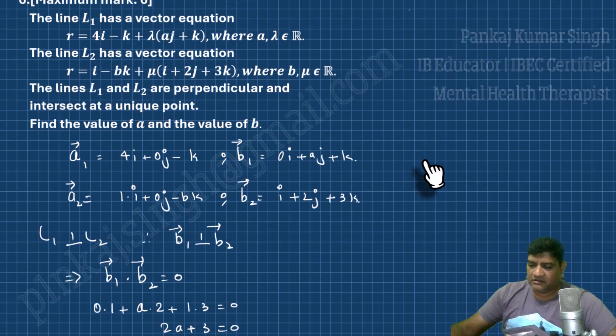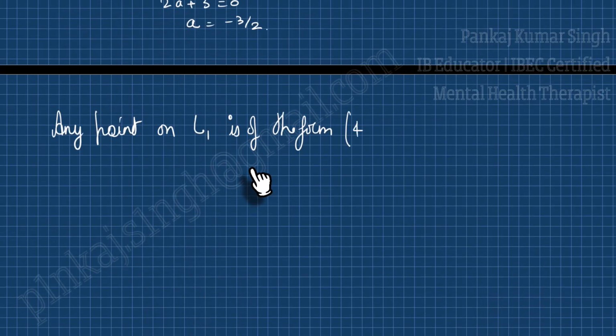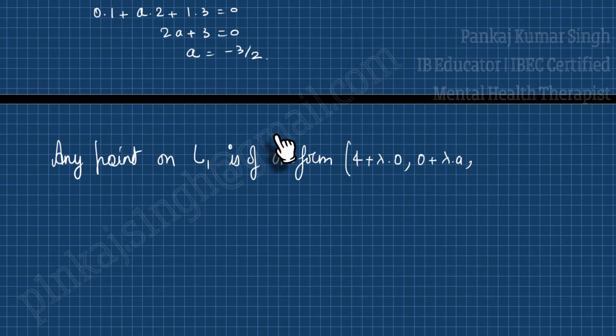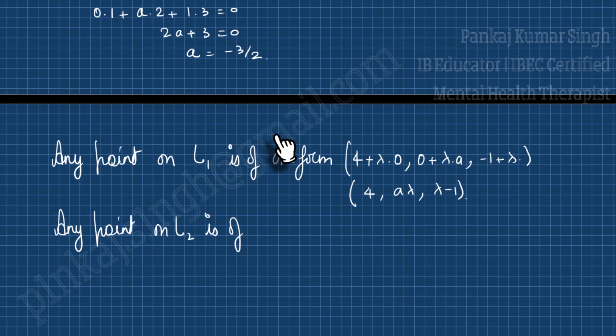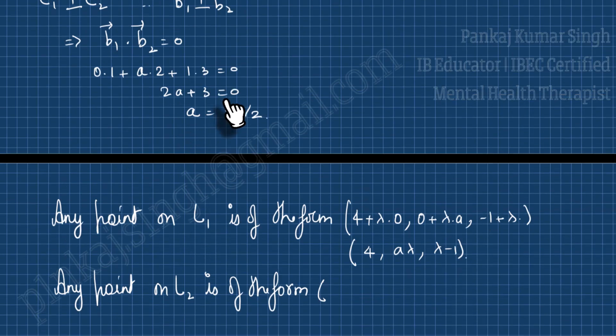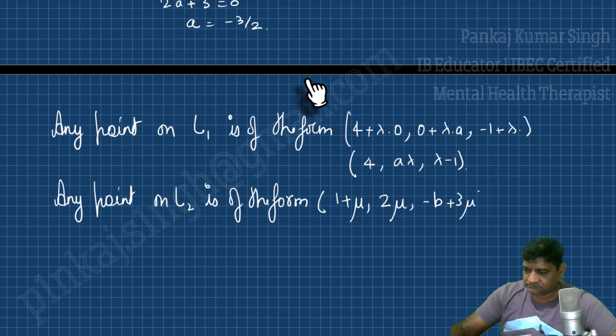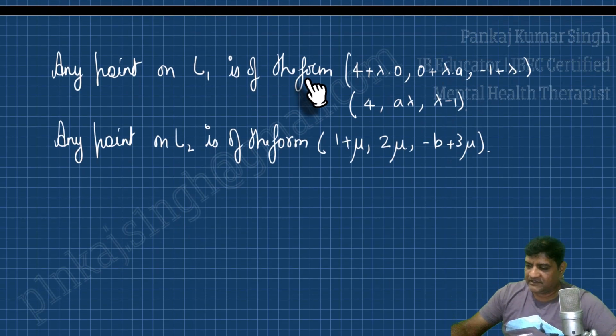Now let me take a general point on L1. So that's going to be 4 plus lambda times 0. I already know the value for a, so I can use any one of these equations.